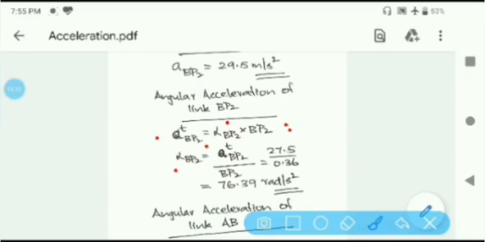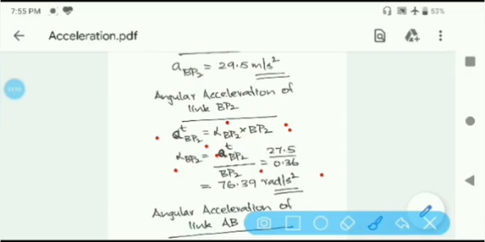From this equation you can get the angular acceleration as the magnitude of the tangential component of acceleration of B relative to P2 divided by the length of the link. So this will come around 76.39.